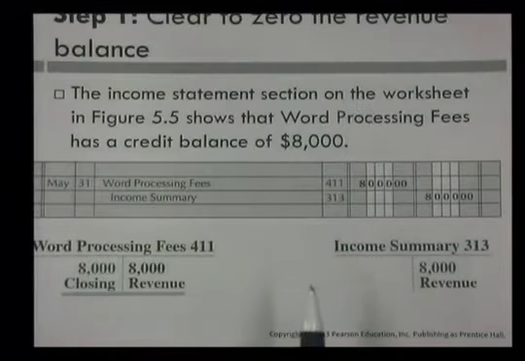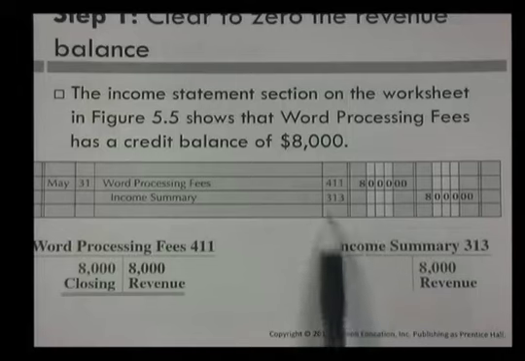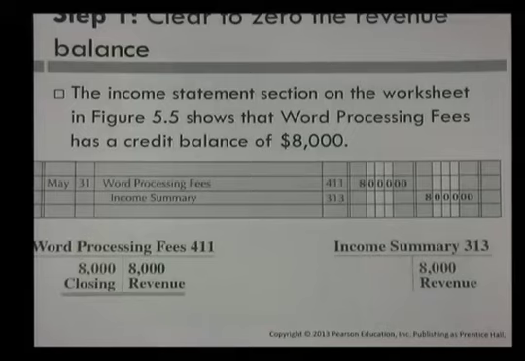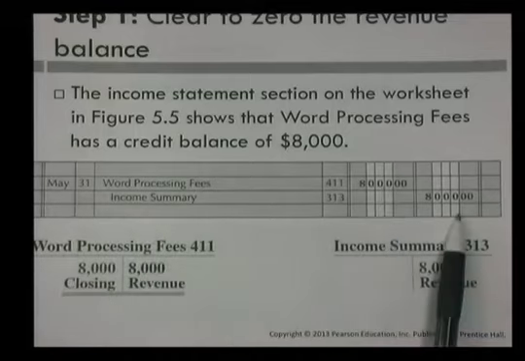The income statement section of the worksheet shows that word processing fees has a credit balance of $8,000. So if it has a balance of $8,000, to close it and get it to zero, we have to debit it $8,000. So our journal entry would look like word processing fees debited, income summary credited.